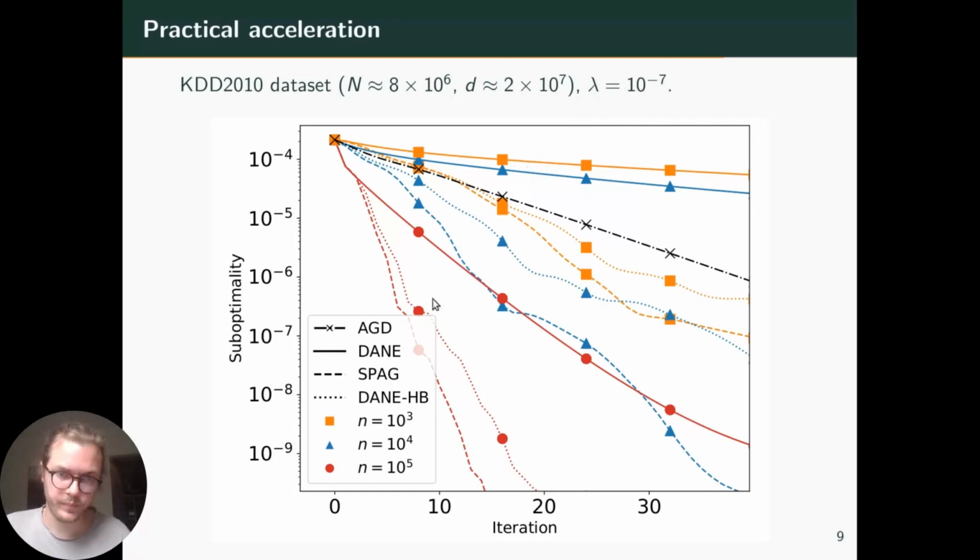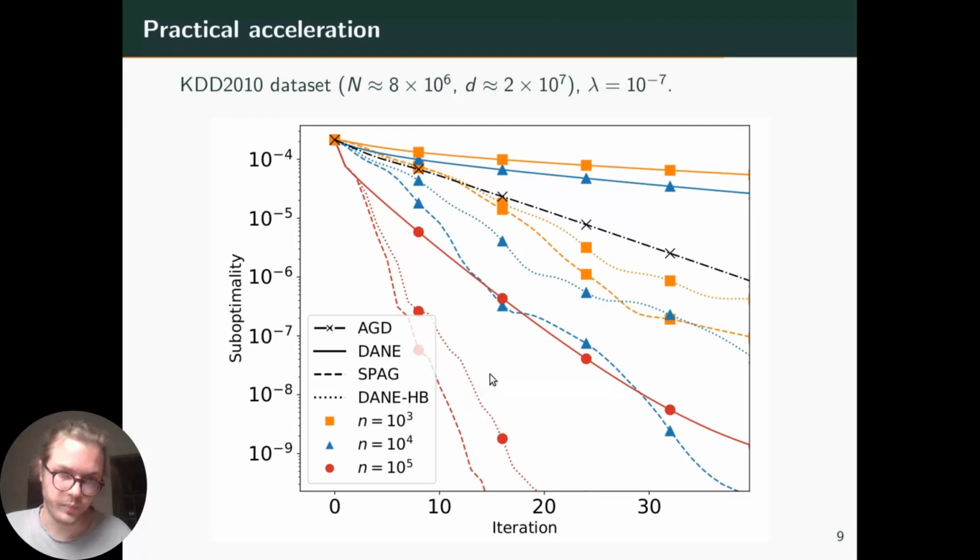So Dane, which is basically mirror descent, with phi chosen as I showed you. SPAG, which is our accelerated version of Dane. And heavy ball Dane, which is, so SPAG is in dashed lines, and heavy ball Dane in the dotted line, which is another acceleration of Dane.